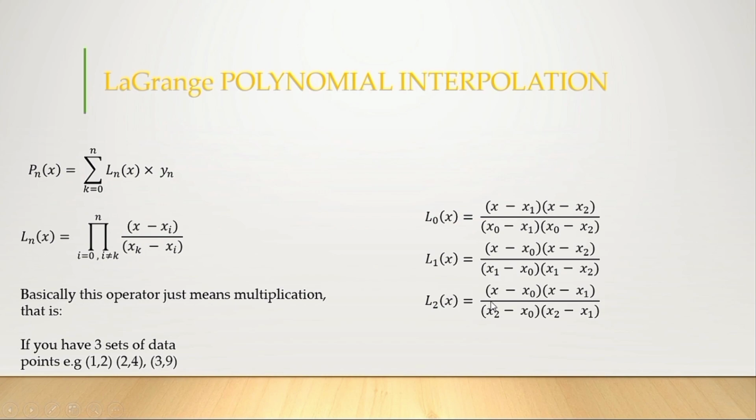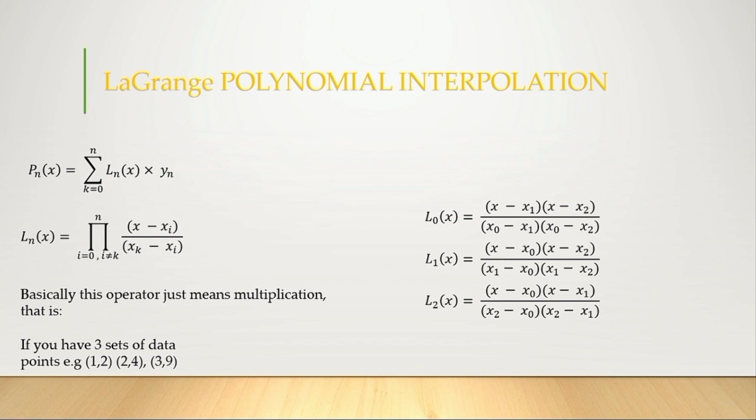As we see, we have no x2 on the numerator here, and the divisor has x2 as the leading subtractor there, minus x0 and minus x1. So basically you have this type of relationship where these points multiply with each other using this formula. But this may sound like gibberish, so let me just give you an example.